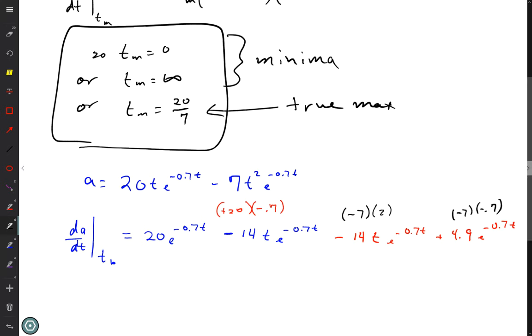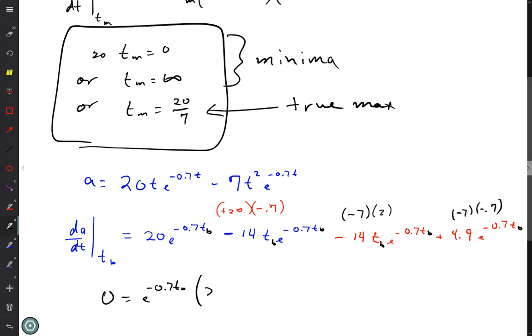Now I can simplify this, and so I will rewrite it. And once again, these would be at a specific time because I'm trying to set it equal to 0. So I can factor out e to the minus 0.7 TB.